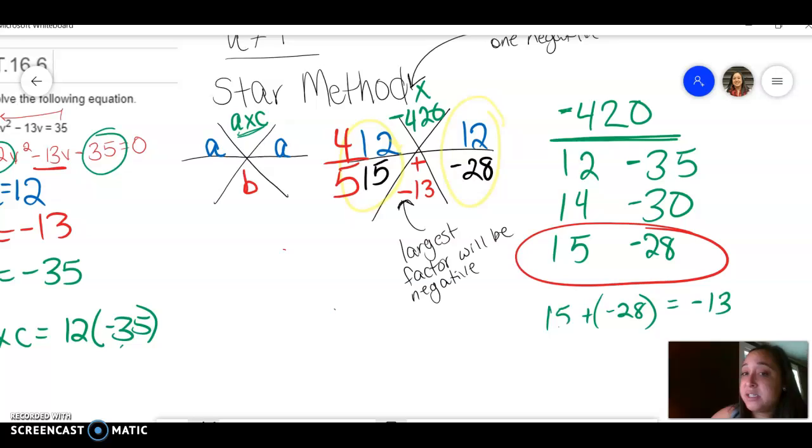Okay. So let's think about 12 and 28. So what is the largest number that would divide evenly into 12 and 28? 4. 4 will go into 12 3 times. 4 will go into negative 28 negative 7 times.